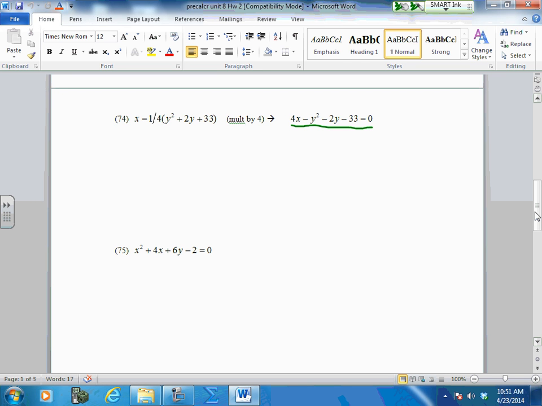What one is my square? Y. So right away I know I'm using this. I'm using this. I want you to set this up so that the y's are on one side and the x and the number is on the other side. Go ahead. Set it up.